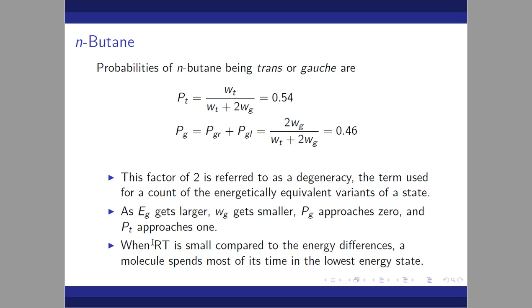So when RT is small compared to the energy difference, a molecule spends most of its time in the lowest energy state. So the lowest is minus energy. So we can have this.